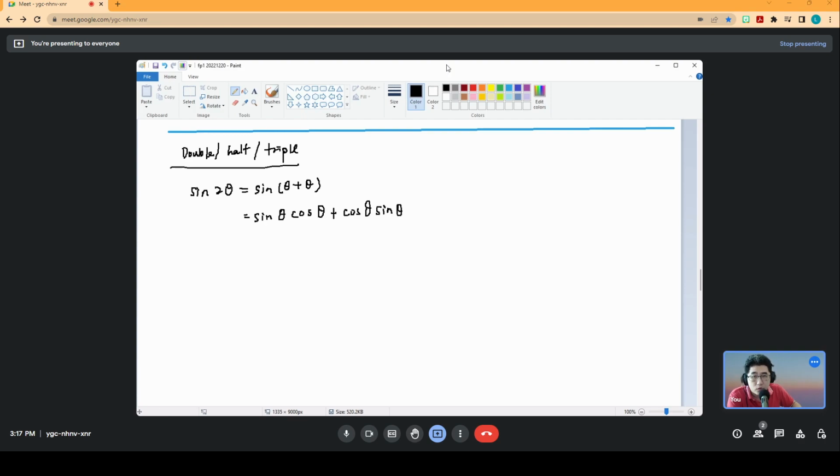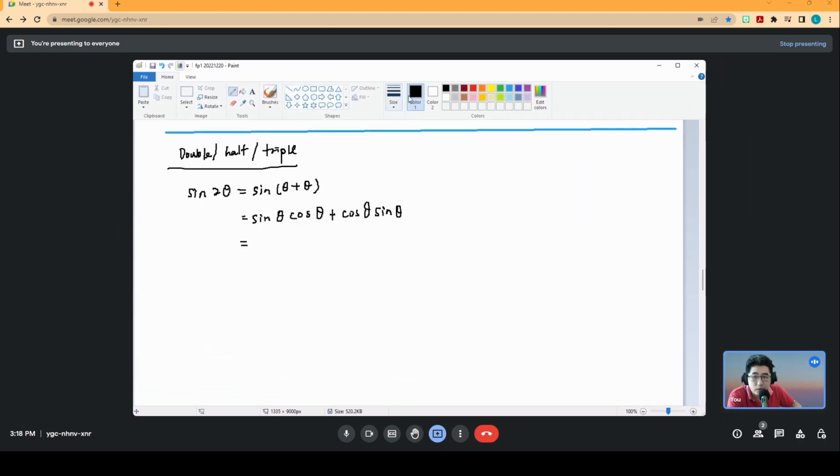So I have this form. Then from here, I see that I have sine theta cos theta, sine theta cos theta. They are exactly the same thing. Therefore, I have 2 sine theta cos theta.